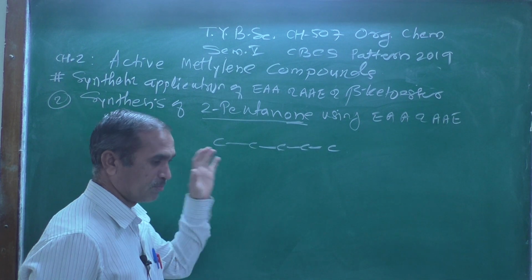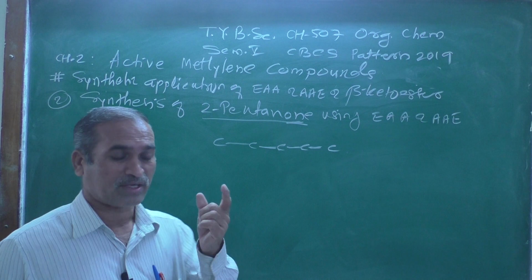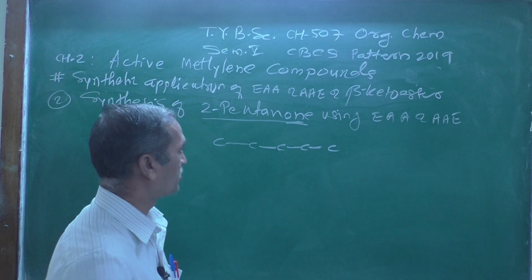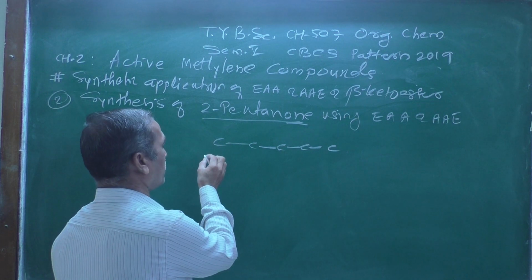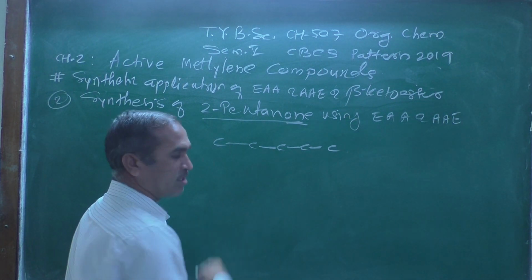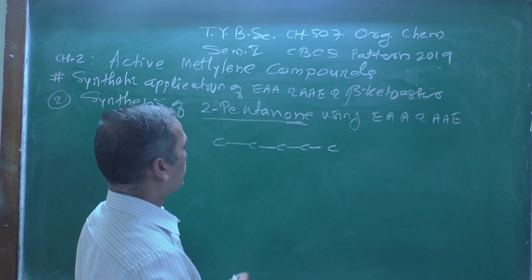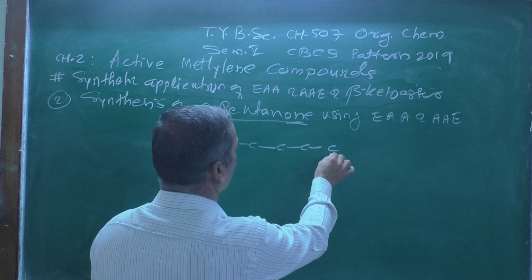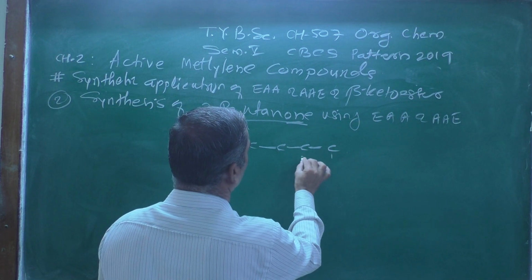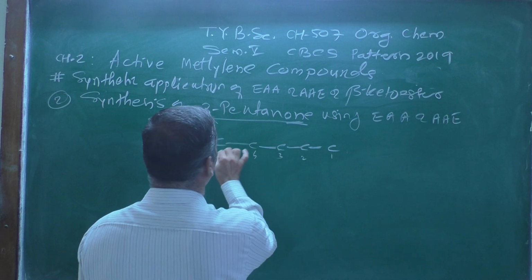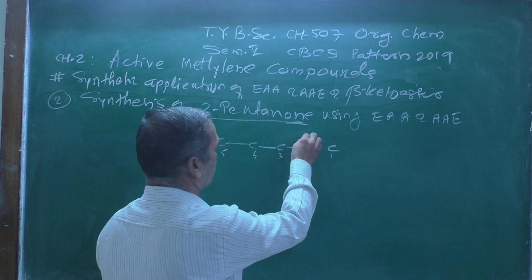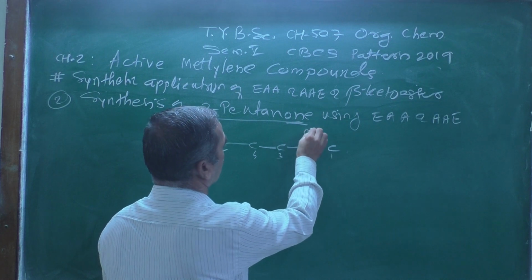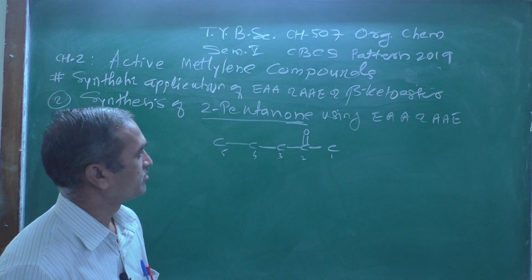It means that a ketonic group, a carbonyl group, is present in this compound. At which position? At 2 position. You can give the number either from the left hand side or right hand side, so I am giving number from the right hand side: 1, 2, 3, 4, 5. See carefully, at 2 position there is a carbonyl group.